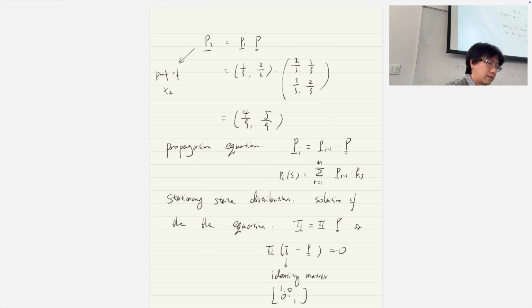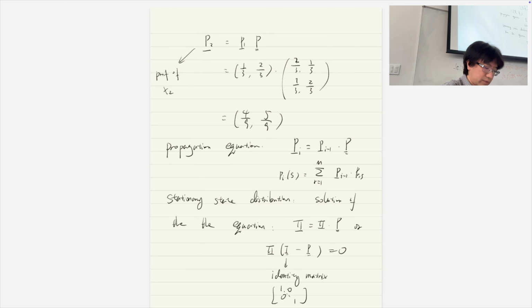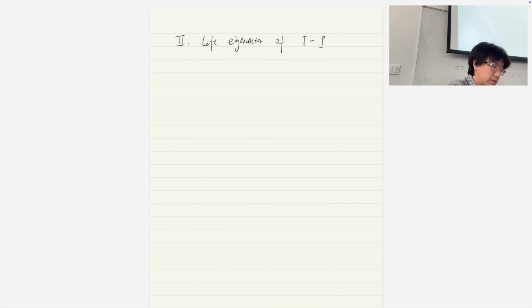Okay, let's write it down. So this pi here is nothing but the left eigenvector of this matrix, corresponding to the 0 eigenvalue, with non-negative components, because it's a probability.